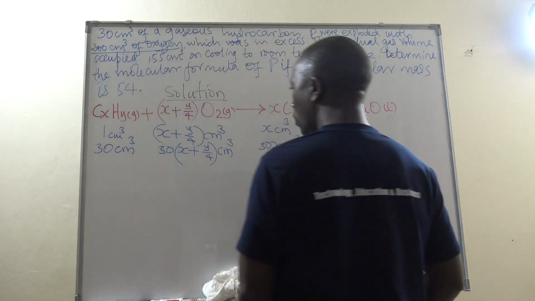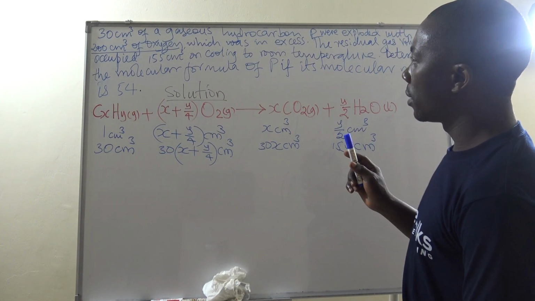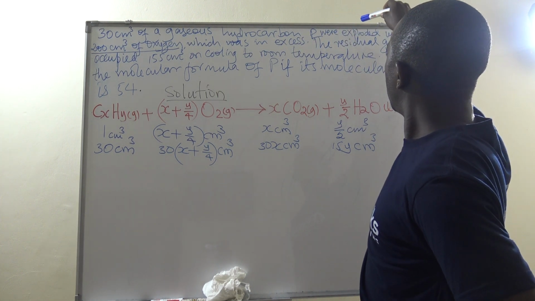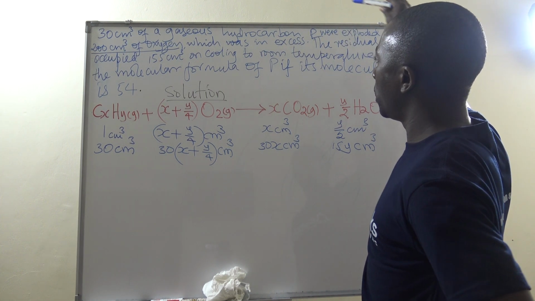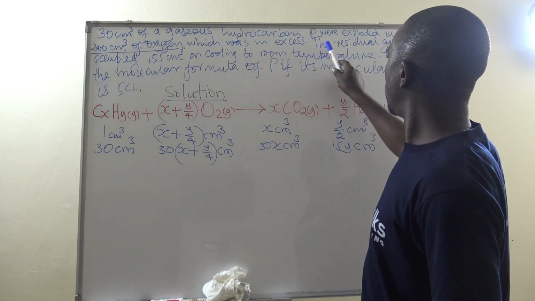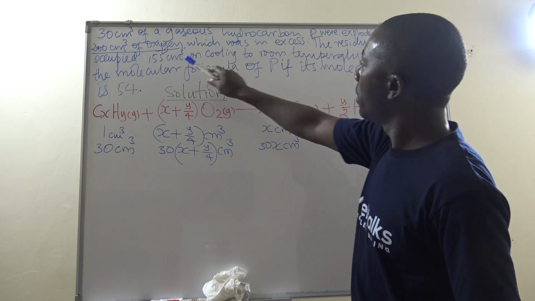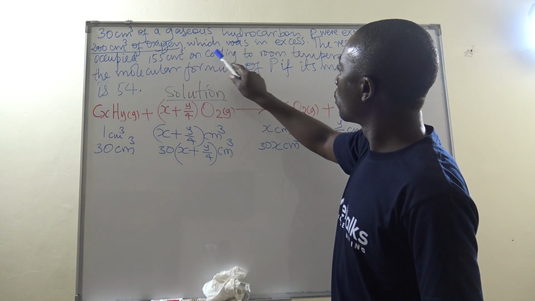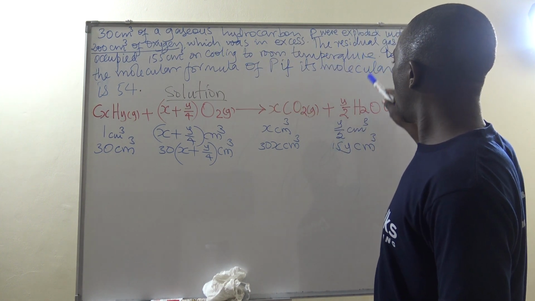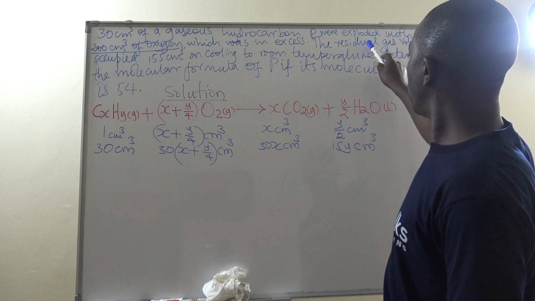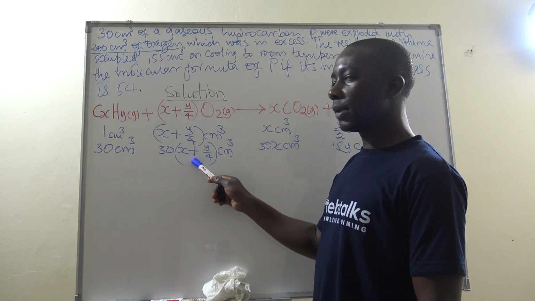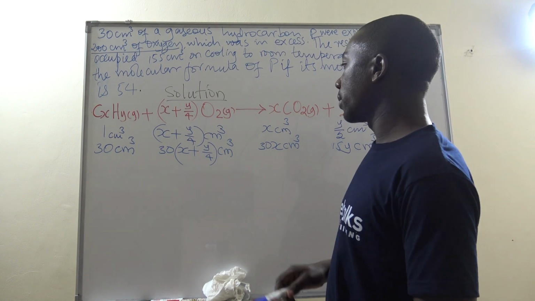Now, we can go to what is called residual gas volume. Remember, we said that P was exploded with 200 cubic centimeters of oxygen, which was in excess. Then the residual gas volume occupied 155 cubic centimeters on cooling to room temperature. Once we cool to room temperature, we no longer have water vapor. Therefore, this residual gas volume only contains unreacted oxygen, which is excess oxygen gas, plus carbon dioxide formed.